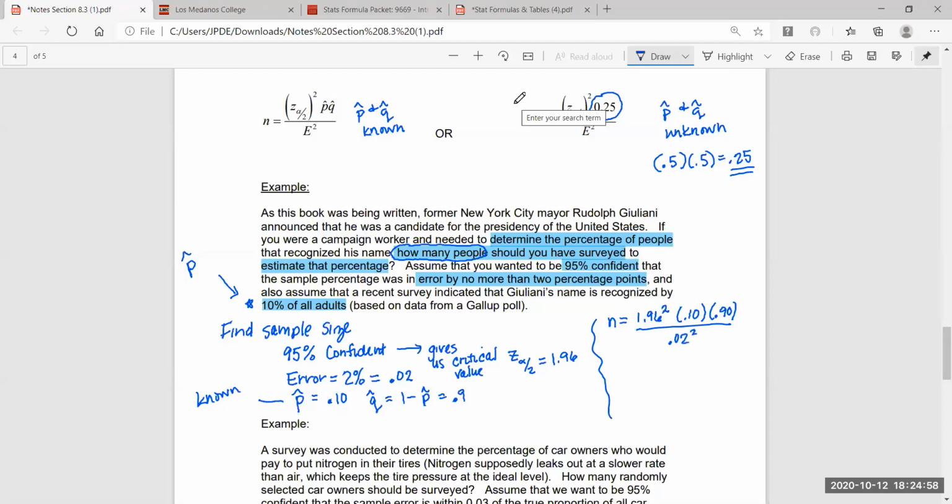And just be careful with the squaring and be careful with the calculations. So we're going to do 1.96 squared times 0.10 times 0.90, and then divide by that whole thing. I'm just putting it in. Okay. And we come up with 864.36.